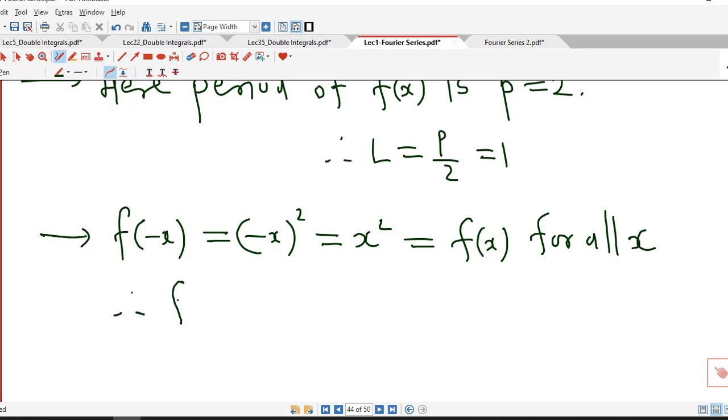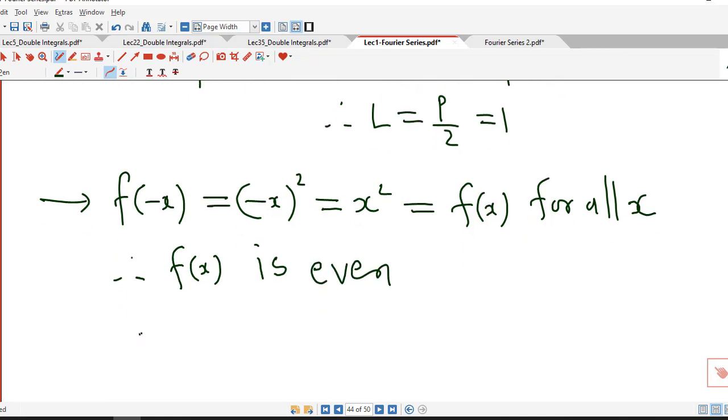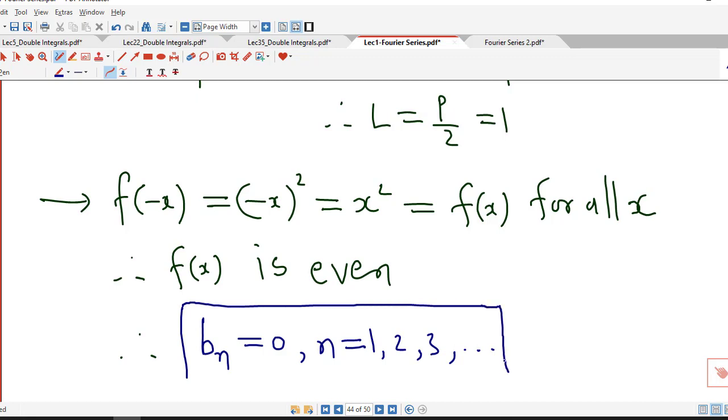So therefore f(x) is even, and as we have discussed, if f(x) is even, values of bn are 0 for all n equal to 1, 2, 3 and so on. So Fourier coefficients bn are 0 because f(x) is even function.